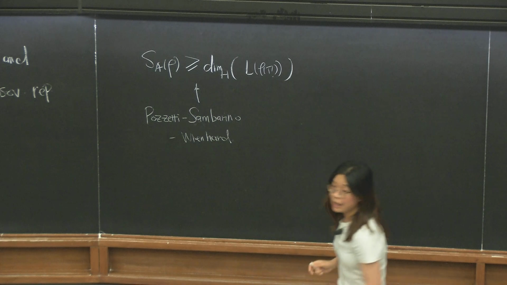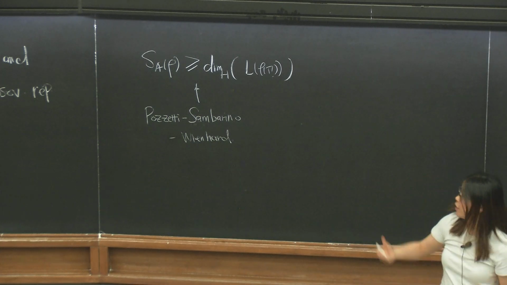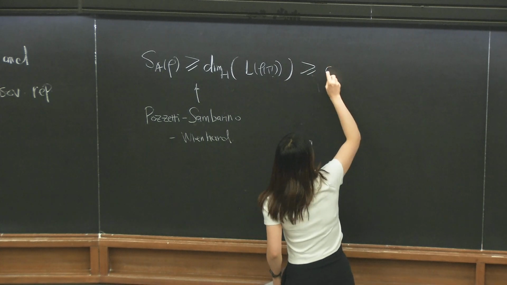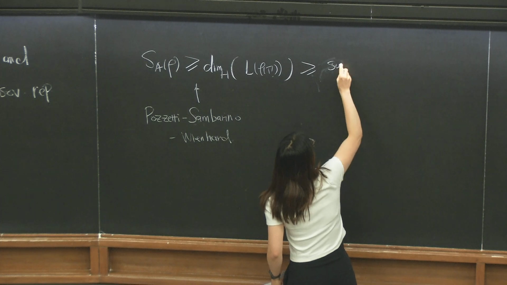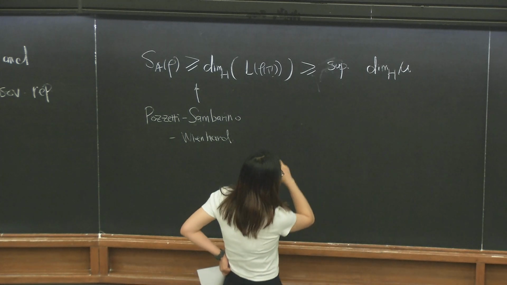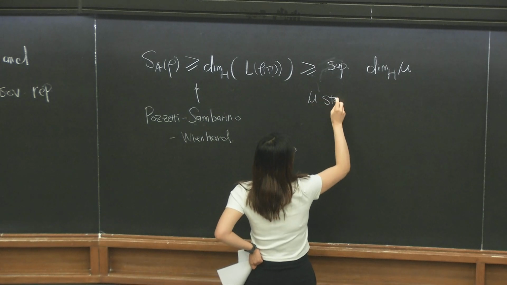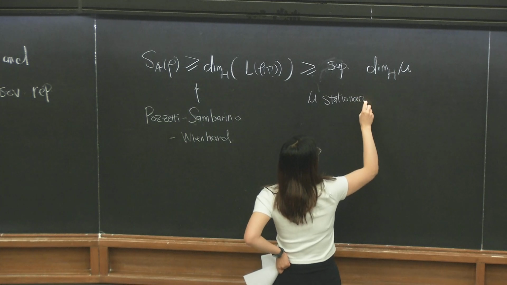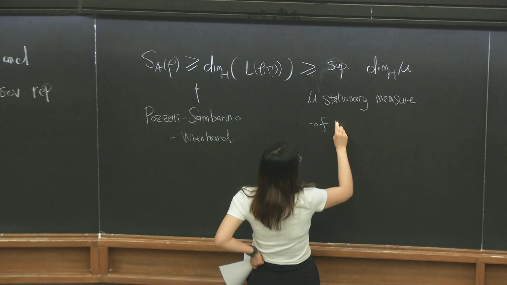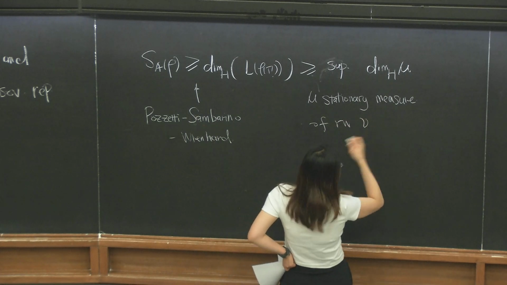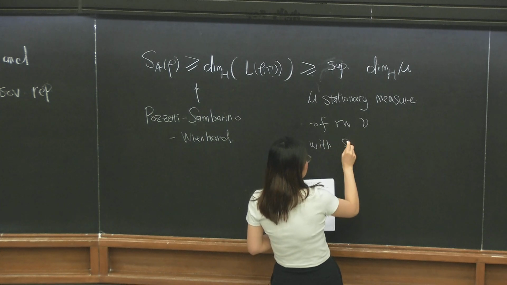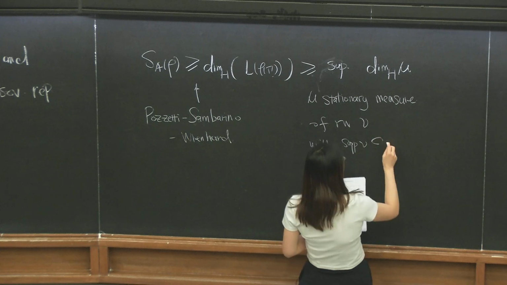Okay. And to continue, using the definition of the Hausdorff dimension of the measure, we have a lower bound. Take the Hausdorff dimension of the measure. I can just restrict myself to stationary measures of some random walk, say mu, so the support of mu is in the group.